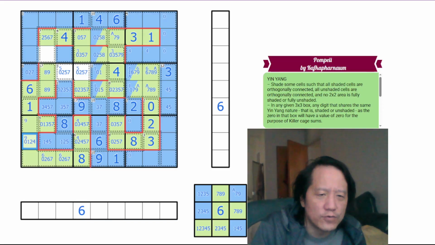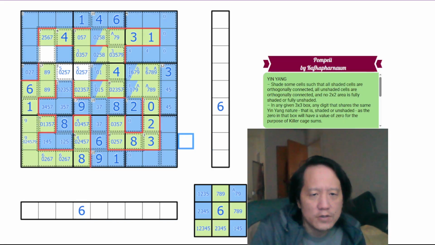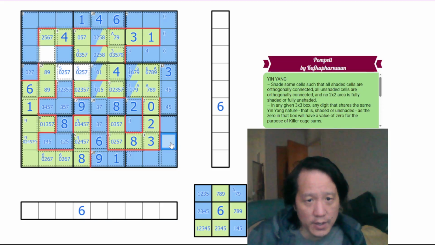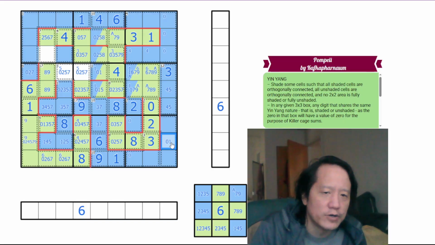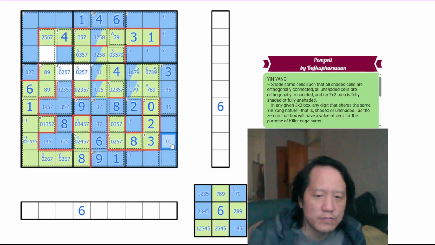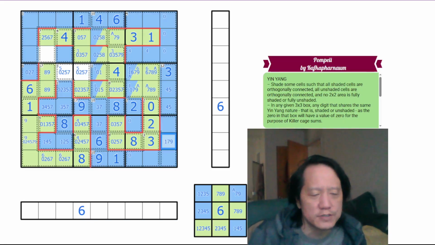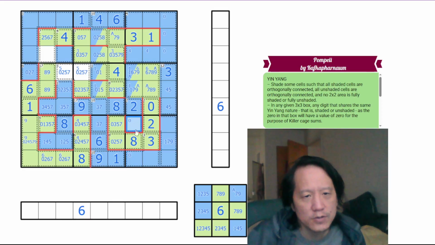No 3, 4, 5, no 6, 7, 8, no 1. So this digit can be 0, 1, no 0, because we have a 0 in the cage. 1, no 2, no 3, no 4, 5, no 6. It could be 7. This is 1, 7, or 9 here. We have a guaranteed 0 here.